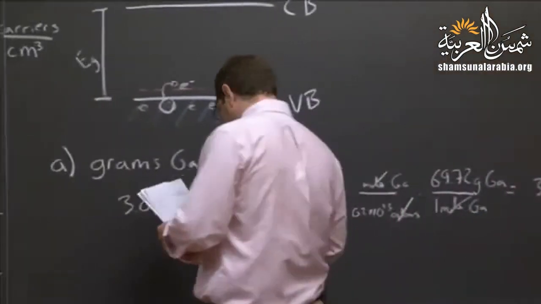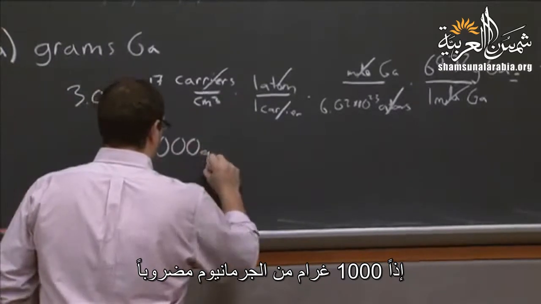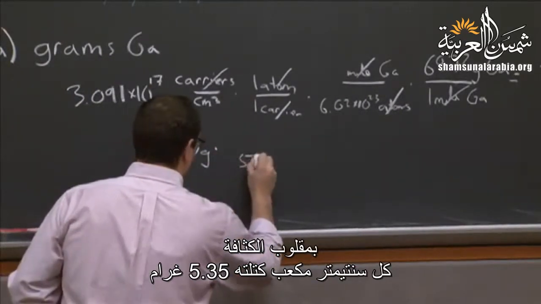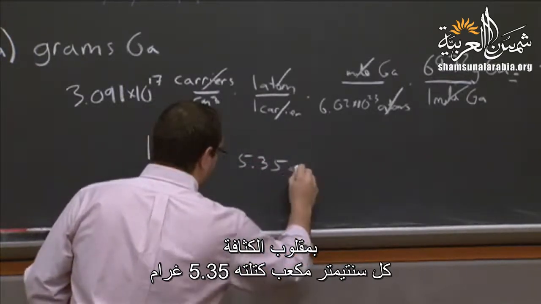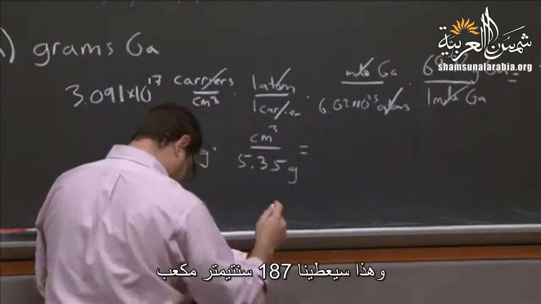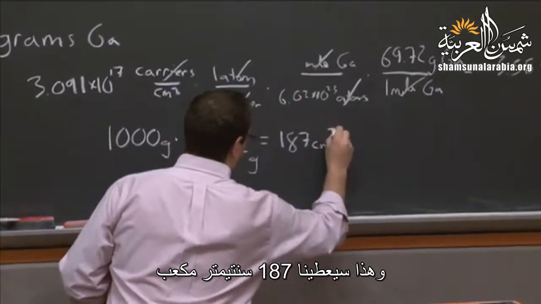So 1 kilogram of germanium is 1,000 grams times 1 over the density, grams per centimeter cubed, and that gives us 187 centimeters cubed.